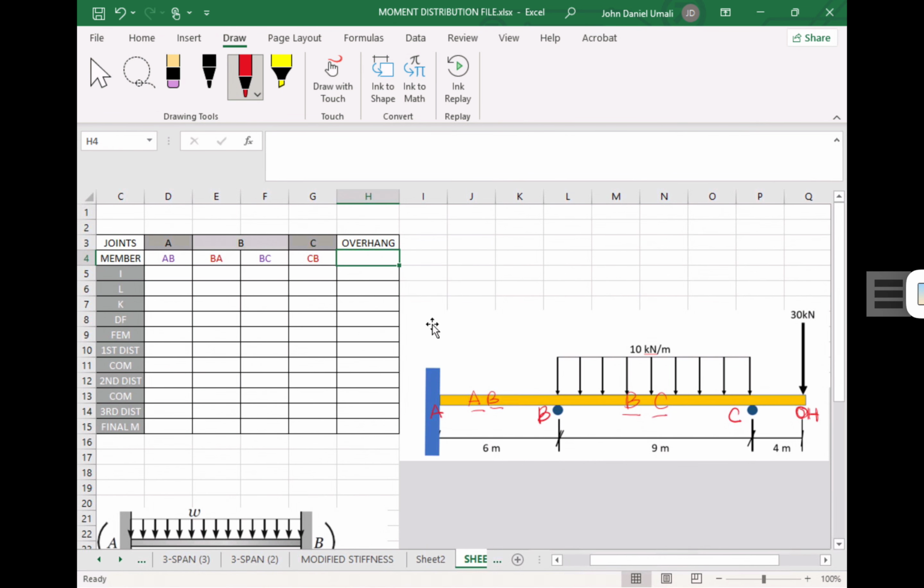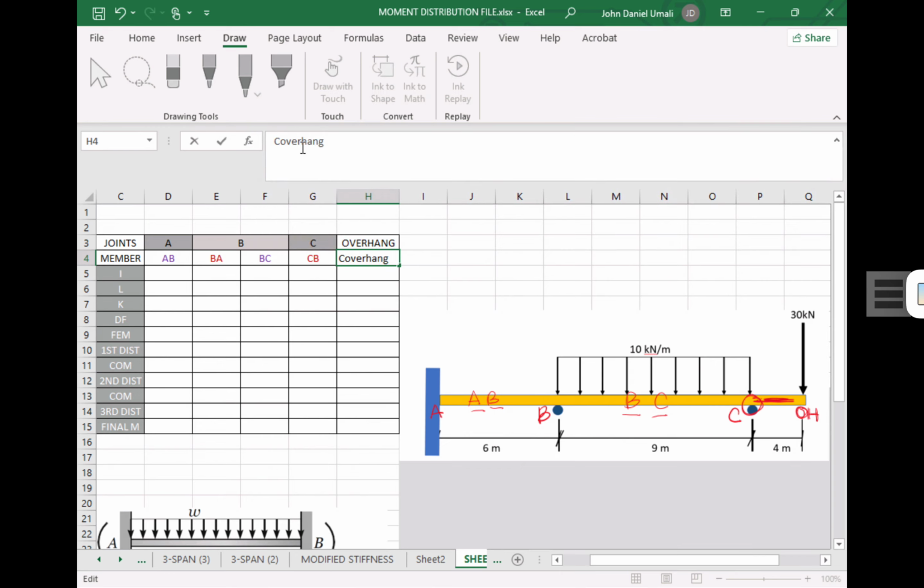This overhang is also connected at joint C, itong member na overhang. So I'll just give it a name na C small overhang.